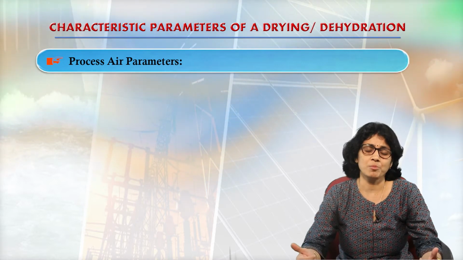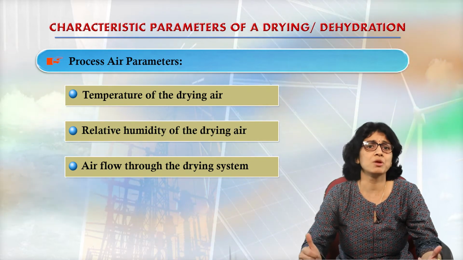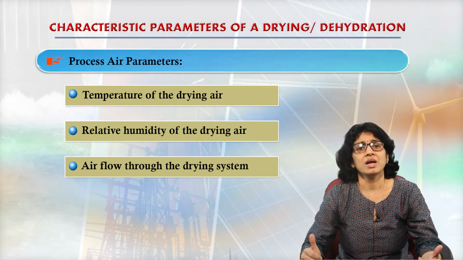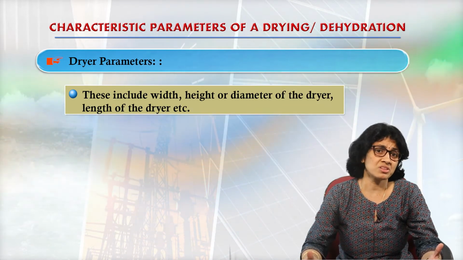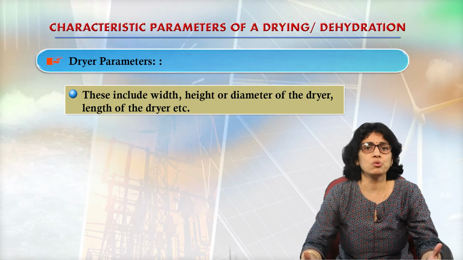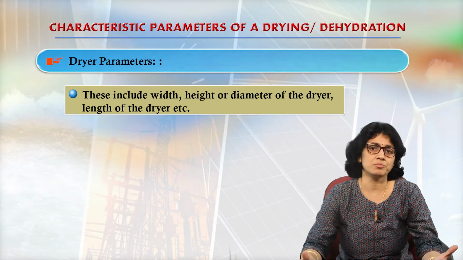Under process air parameters, it depends on the temperature of drying air, the relative humidity of the drying air, and the air flow through the drying system. Under third parameters, these include width, height or diameter of the dryer and length of the dryer. I would like to mention an important note here. The type of drying product, the method of drying and the meteorological parameters at the place where drying is taking place affect the above parameters.